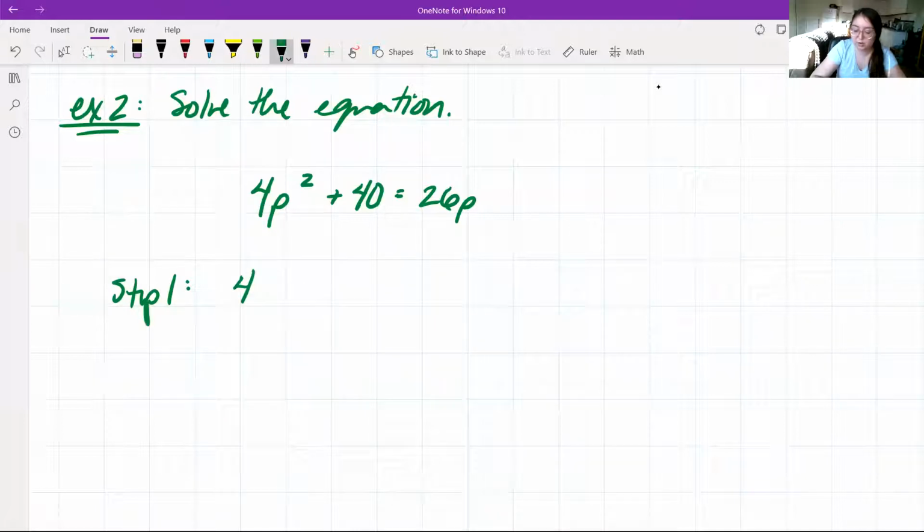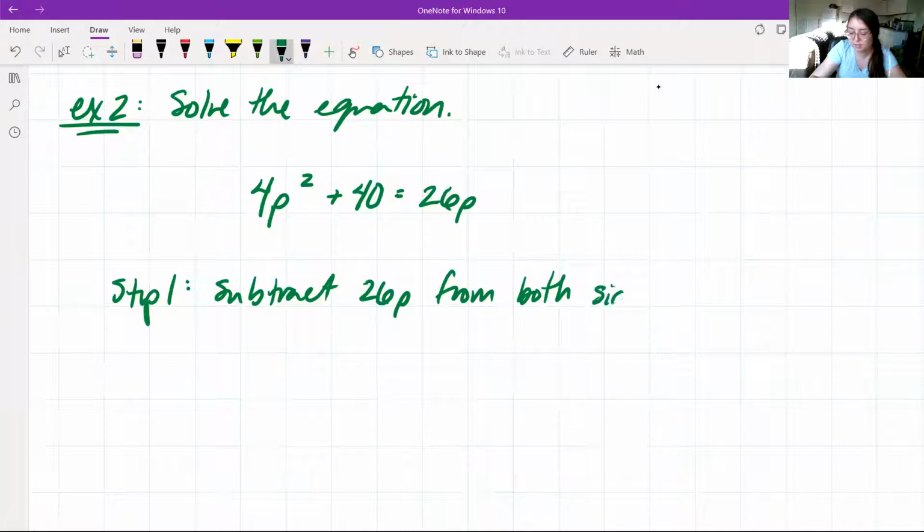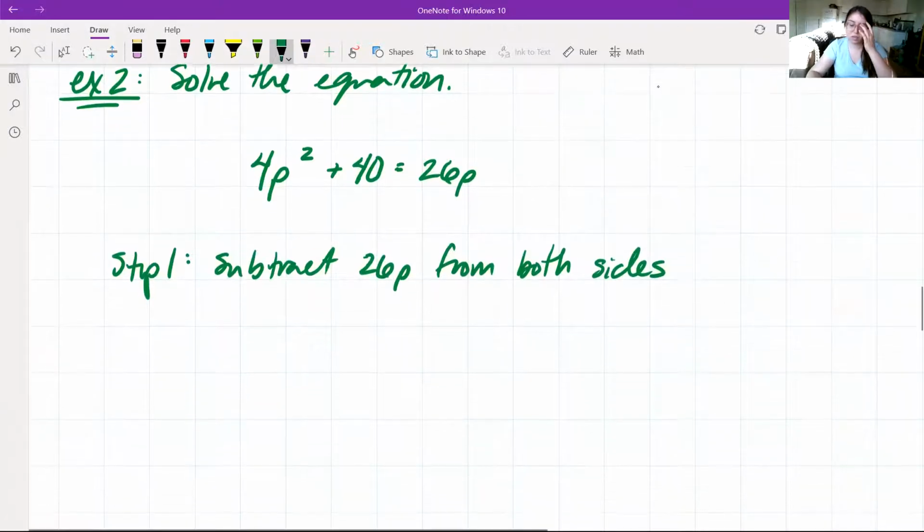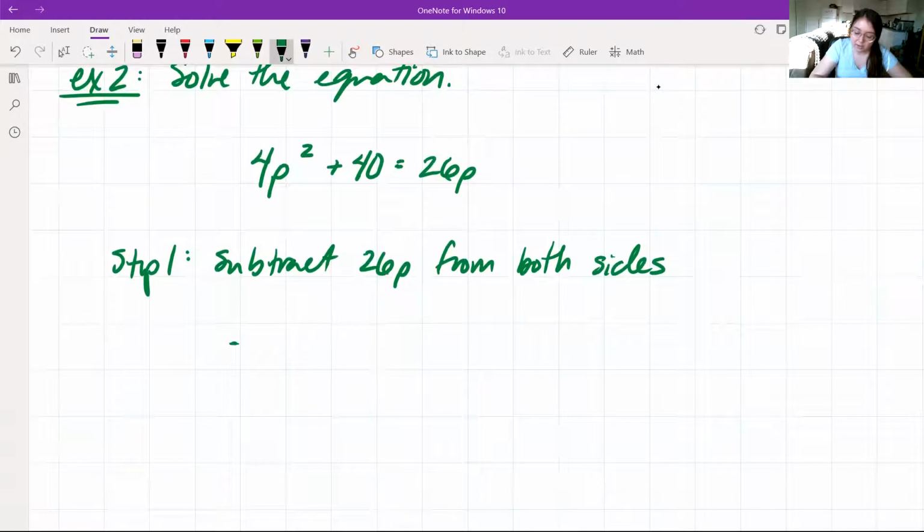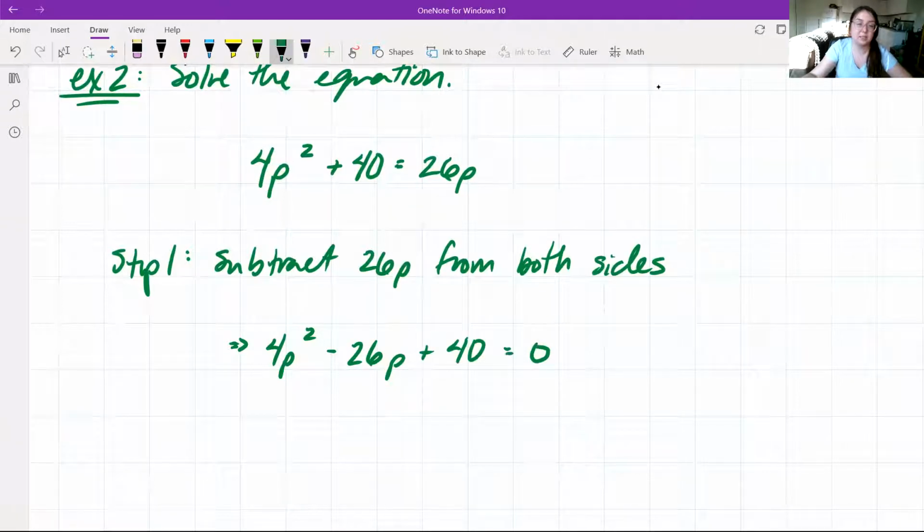To get this in standard form, we need to subtract 26p from both sides. Once we do that, we get 4p squared minus 26p plus 40 is equal to 0. So now we have our standard form of our quadratic equation.